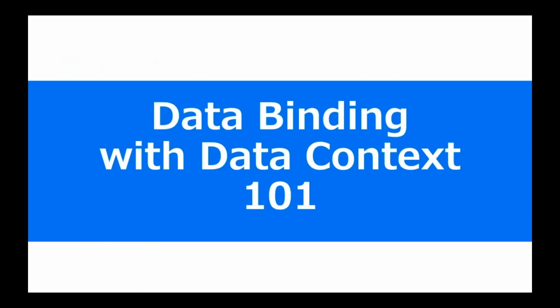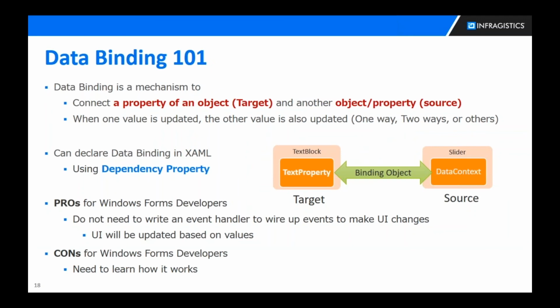So let's move on to data binding with the DataContext 101 stuff. In a XAML platform, you can use data binding, which is very powerful and reduces your code. Let me talk first. Data binding is a mechanism to connect a property of an object, which is called the target, and another object or property, which is called the source.